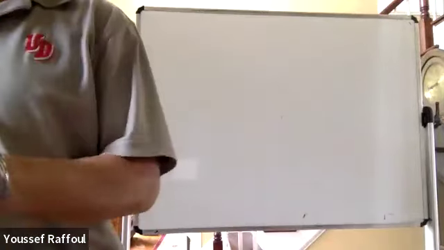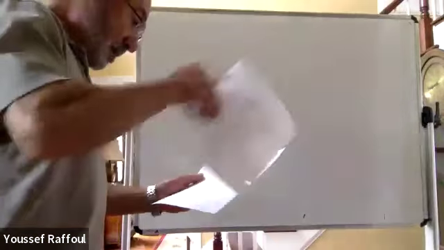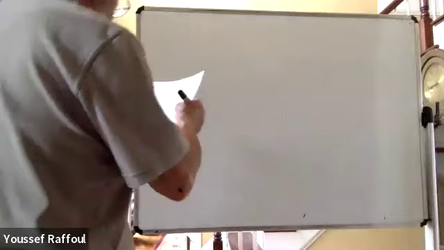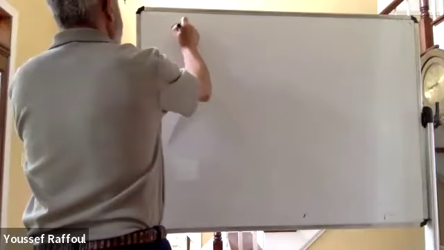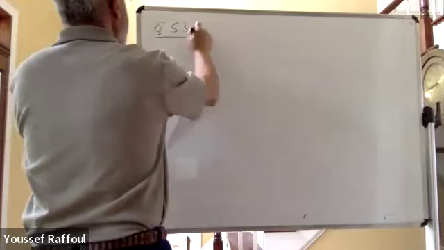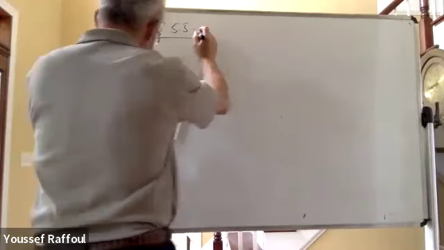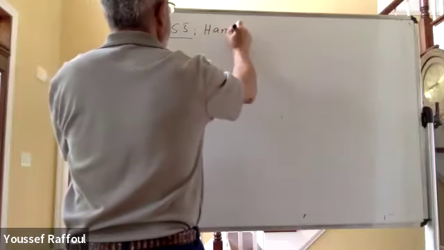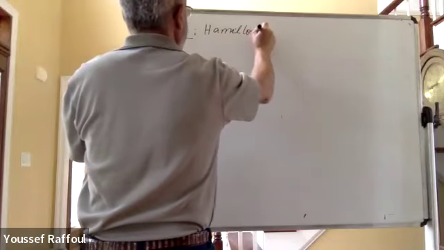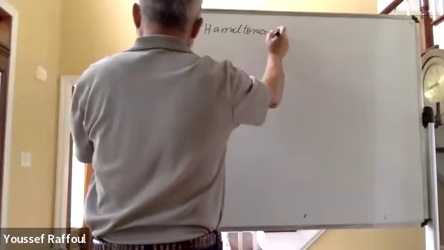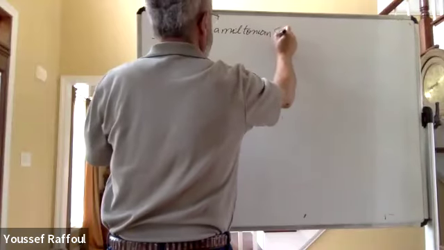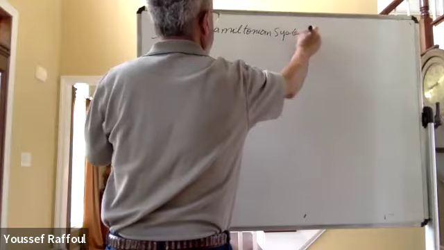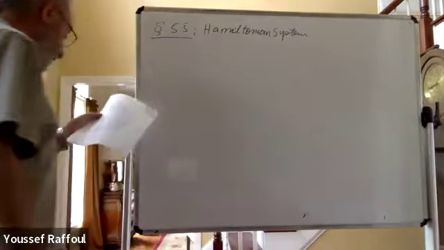We're going to look at section 5.5. I don't know if I'm going to look at the gradient system, but I'm going to look at the Hamiltonian system for now. Hamiltonian systems.